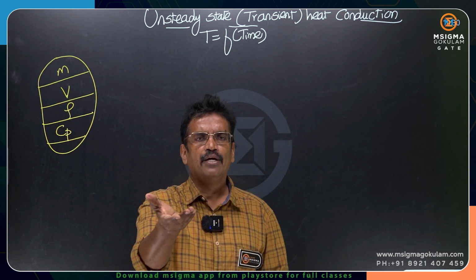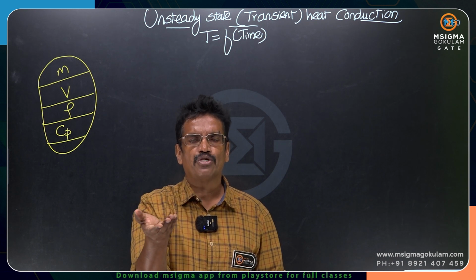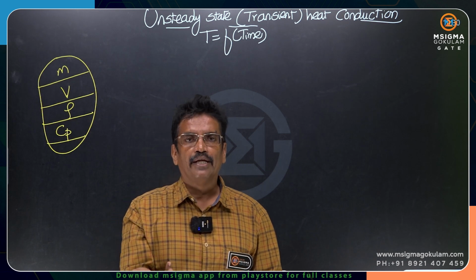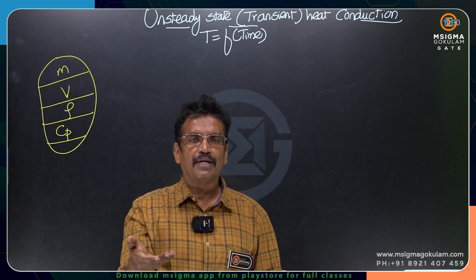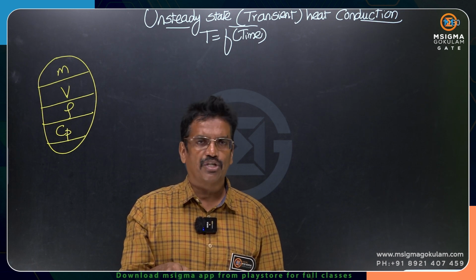Like in case of the heat treatment operations, generally we do heat treatment operations in metallurgy: tempering, quenching, annealing. These are all the various heat treatment operations to change the microstructure of the body.